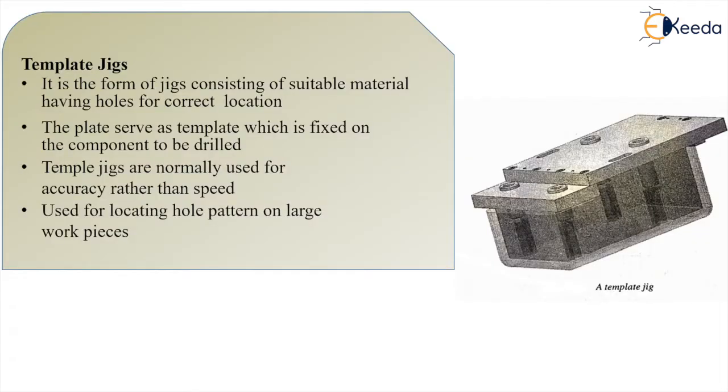So the first type of jig here is the template jig. Basically it is not a true jig, since it does not incorporate a clamping device. However, these are used in a number of situations.